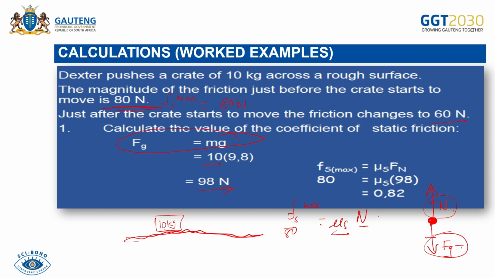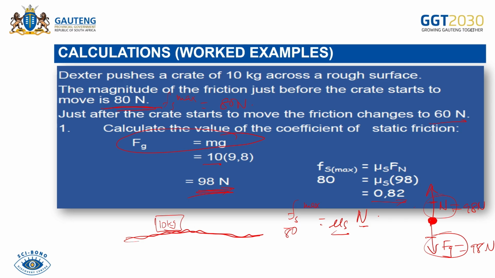It means that the normal force is also 98 newtons, in the opposite direction. Then go straight to that equation: maximum static friction is 80, equals mu s times the normal force, which is 98 newtons. Then we get mu s equals 0.82.